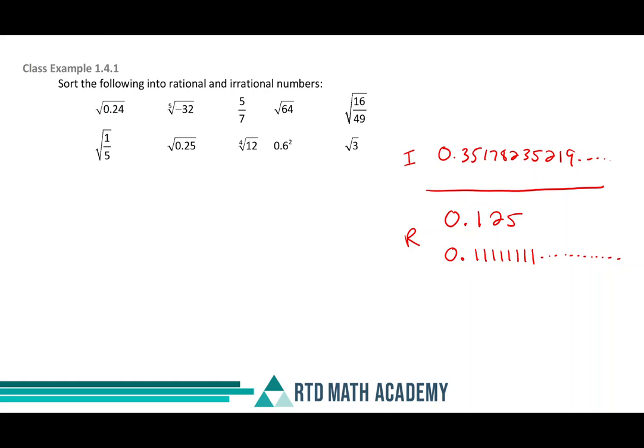Let's take for the first number the square root of 0.24. If I put the square root of 0.24 into my calculator, I'm going to get 0.4898979486 something. I don't know what the next digits are from my calculator because it only gives me 10 decimal places.